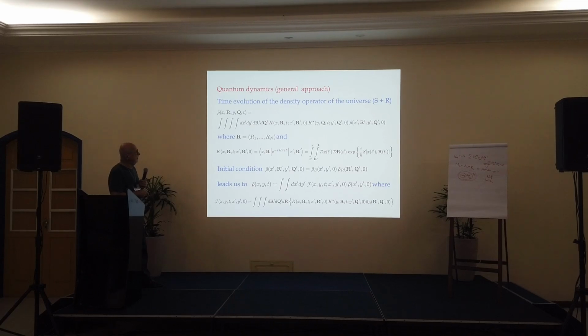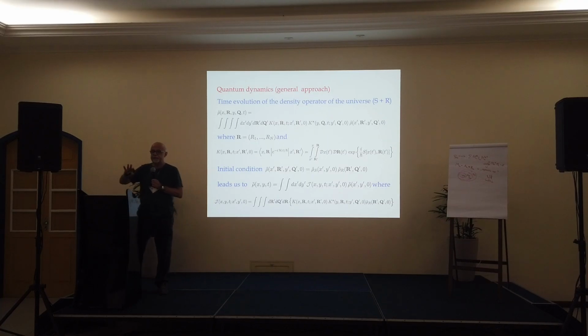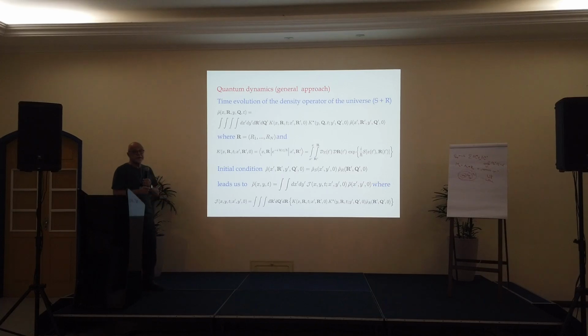Then I have the representation for the system, X and X dash, and R and R dash for the coordinates of the environment, whatever they are. They can be very complex coordinates, I don't care. They belong to the environment, right? We will try to make it simpler later.